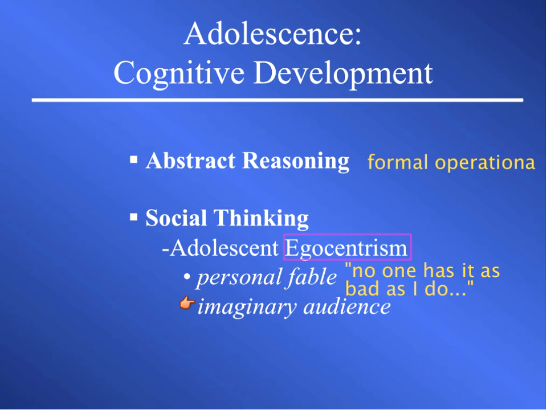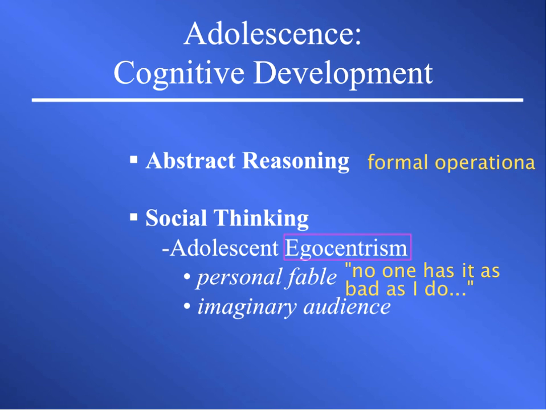Or the imaginary audience. What do you guys think this is about? In social situations, what are adolescents prone to believe is going on? If there's an imaginary audience, what are they thinking? Their life is a movie, and what is everyone doing with respect to that movie and their life, right?